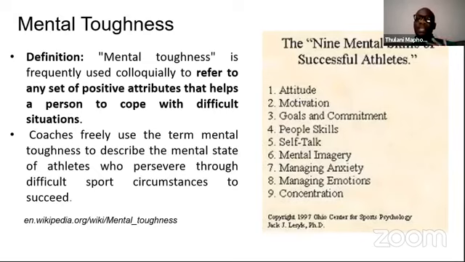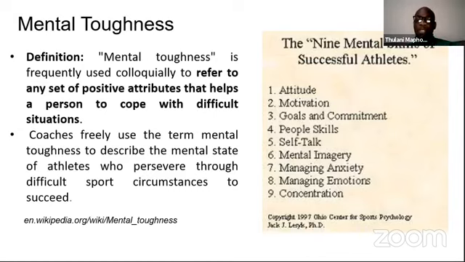So within the definition, there are 9 critical elements that include things like attitude, motivation, goals and commitment, people skills, self-talk, that is between the players and maybe even the opponents, and mental imagery. I'm going to highlight this as I discuss some of my elements, and then the element of managing anxiety and managing the emotions.